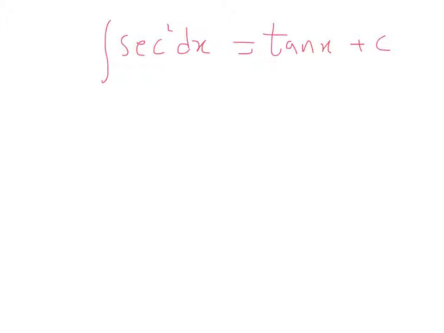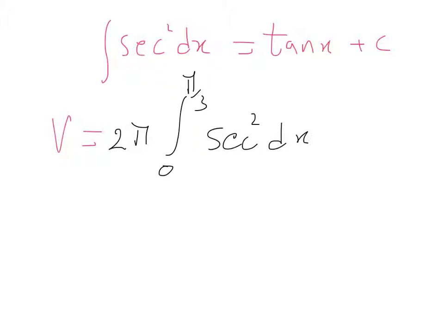So the volume that we're calculating is 2 pi from 0 to pi on 3 of sec squared x dx. I already explained why we put the 2 there, because instead of doing it from minus pi on 3 to pi on 3, we're doing it from 0 to pi on 3 and doubling the amount.